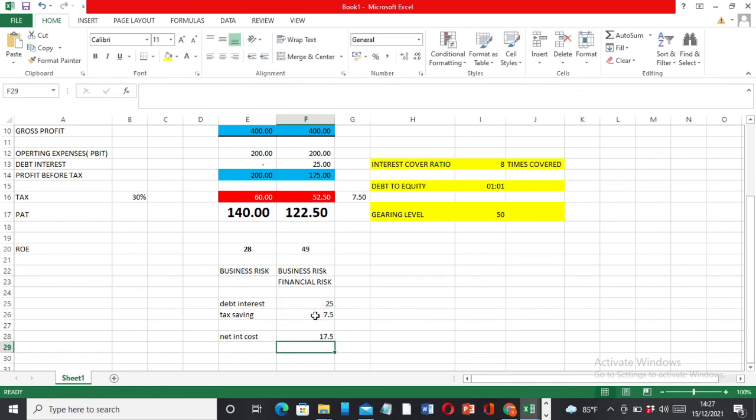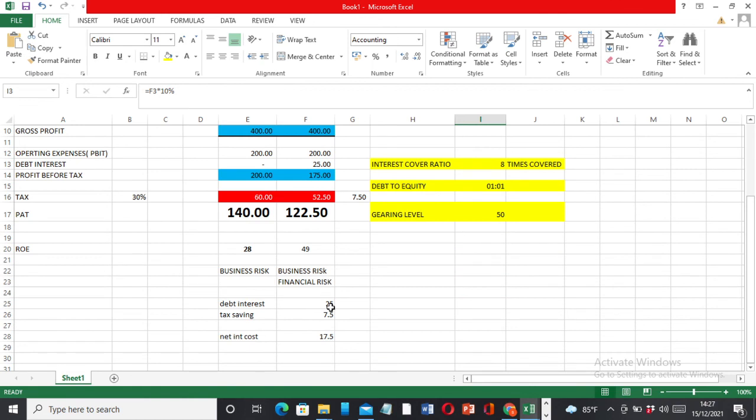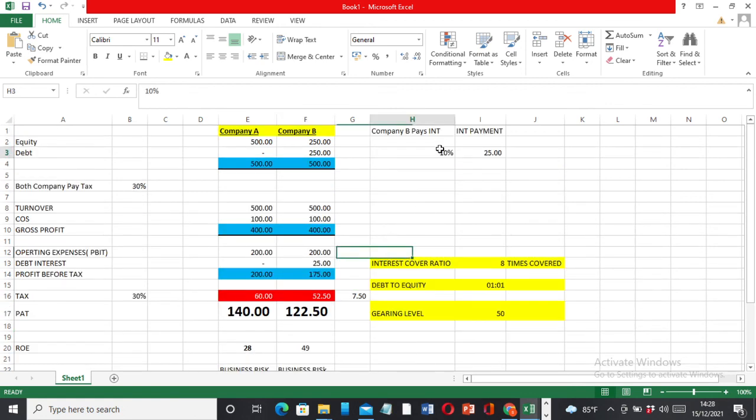So your net interest cost is 17.5, which, guys, if you really look into this, is a worthwhile investment, because this 25 million on the surface is just that, but since you're getting a tax savings, your debt interest is not 25. You're reducing it by the tax savings of 7.5. At the end of the day, it's not 10%. This is not the accurate rate that you're paying.